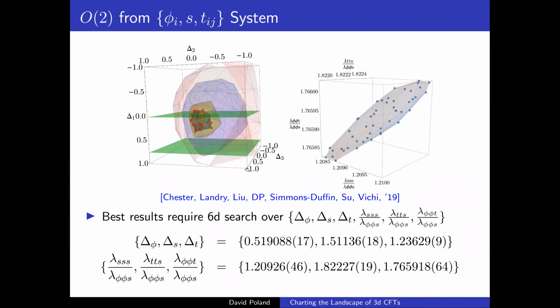Do your methods rely on that convexity or not? These methods don't require convexity. You can apply them to map out non-convex spaces, but they work better when it's convex.